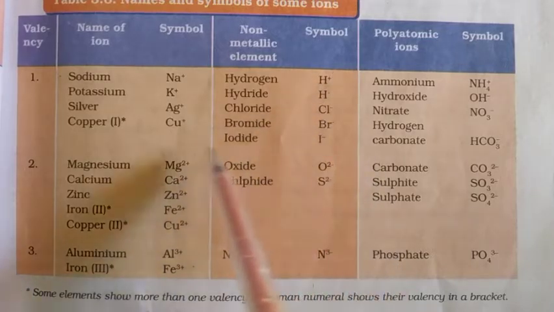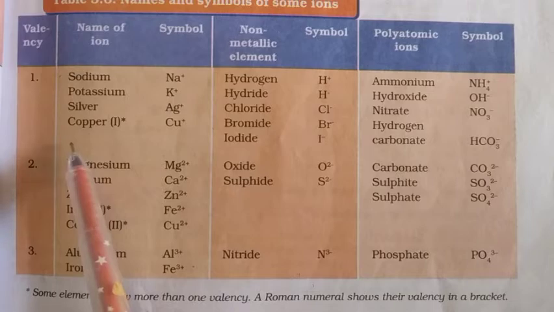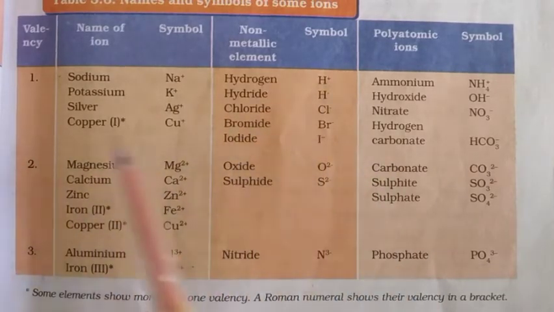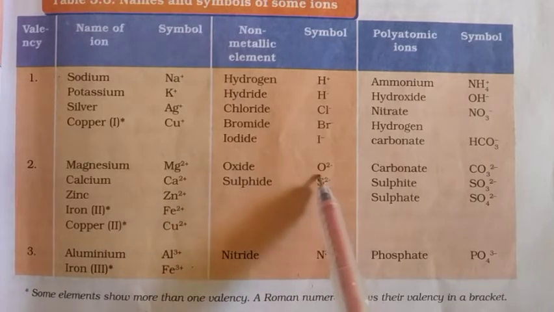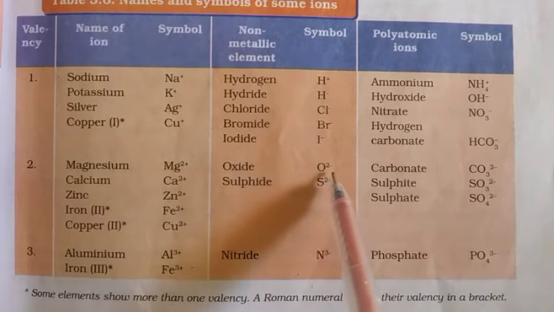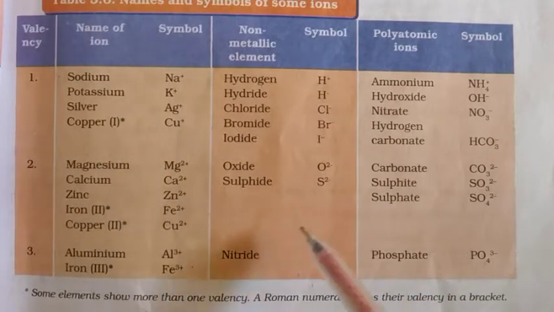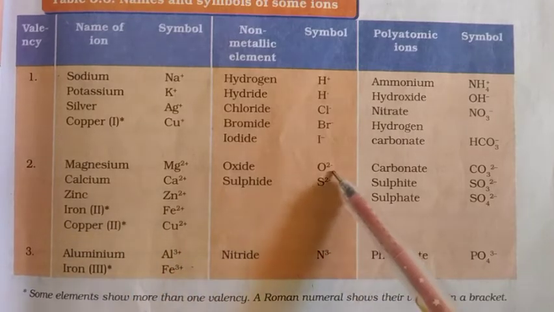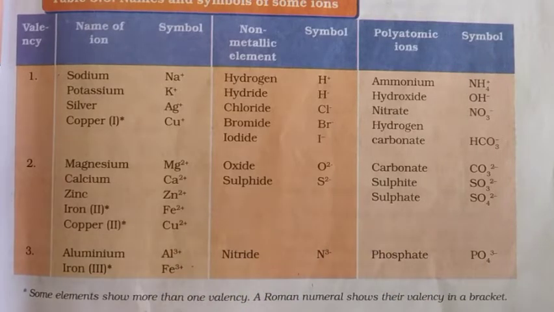These all have the valency 1. Now oxide and sulfide. Look here, children, O2 minus. All the non-metals are anions, the metals are cations. And observe here, oxide and sulfide have the valency 2.